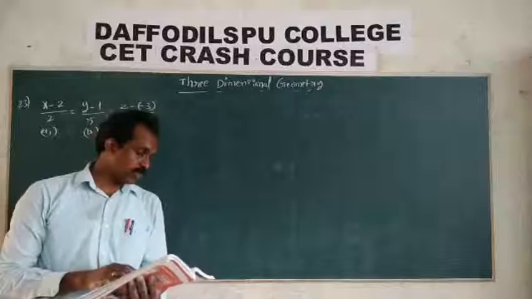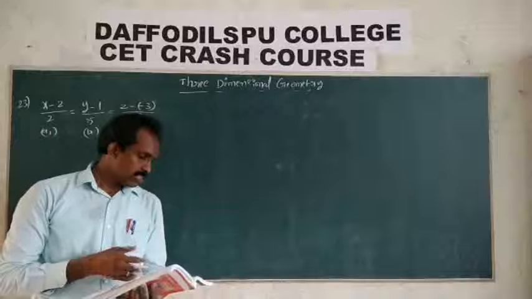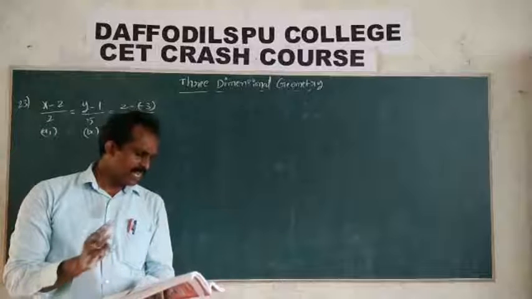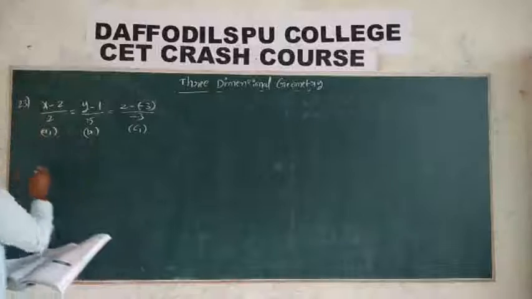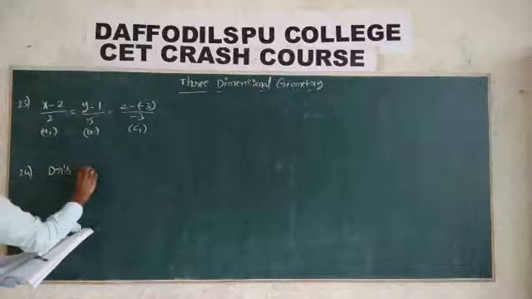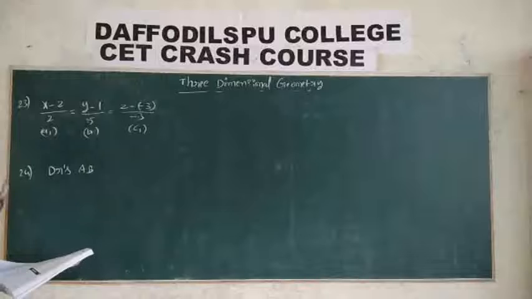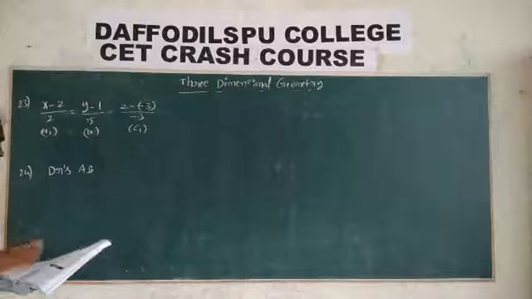Okay, do this also. Next, 24. Same process. A, B, C, D are the points. First of all, find direction ratios of AB. How to find direction ratios of AB? First point, second point: x2 minus x1, y2 minus y1, z2 minus z1.